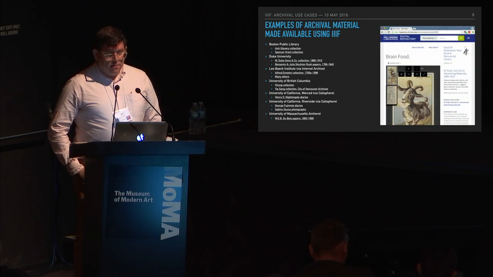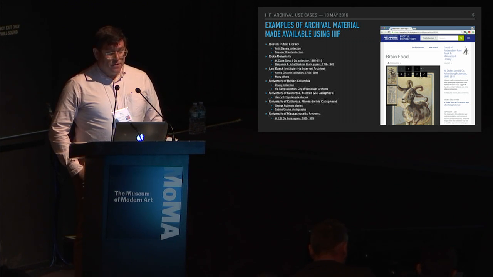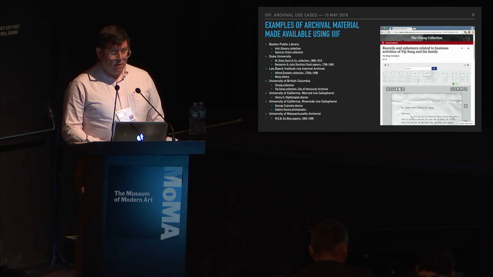Duke University's W. Duke Sons and Company digital collection features over 2,000 cigarette trade cards and other advertising collectibles. The Leo Baeck Institute's Albert Einstein collection contains letters and notes by Albert Einstein, as well as photographs, clippings, items commemorating Einstein, the Einstein family tree, and autographs. This collection was digitized from microfilm by the Internet Archive for the Leo Baeck Institute.